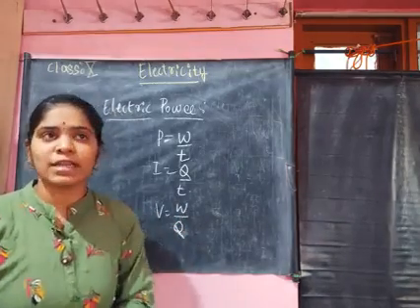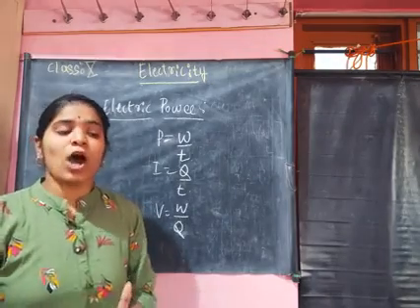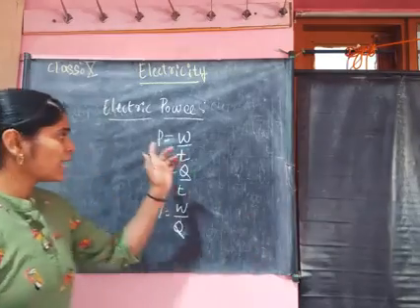So we can define electric power as the rate of consumption of energy, meaning how much energy is consumed in the electrical circuit.